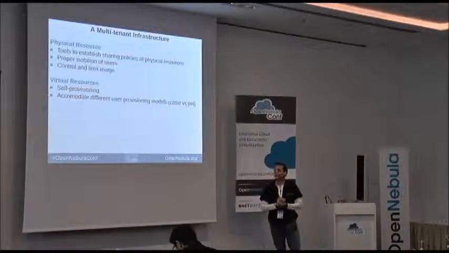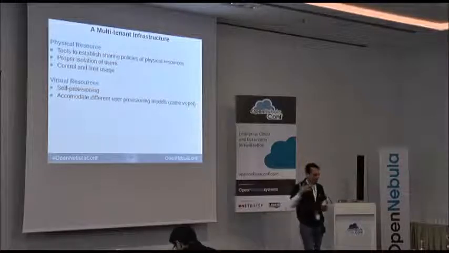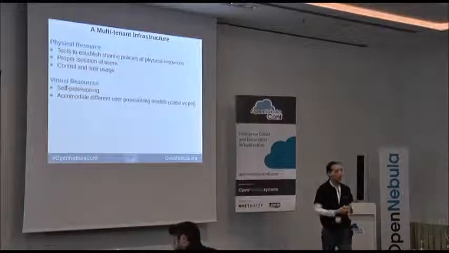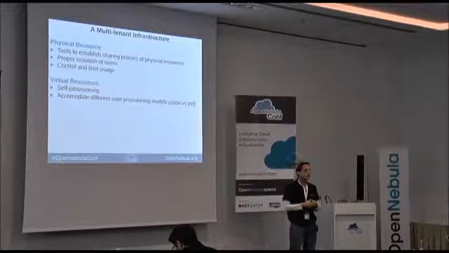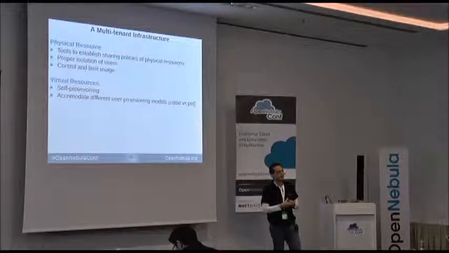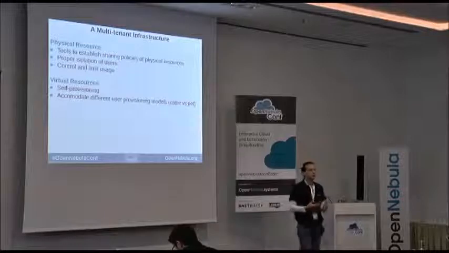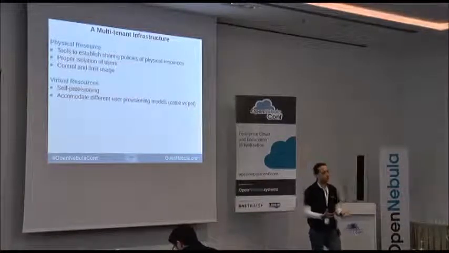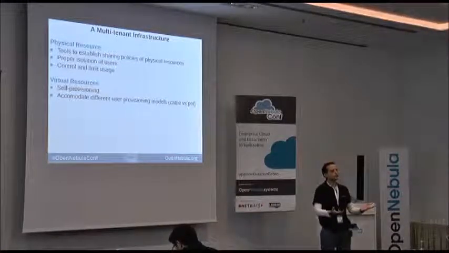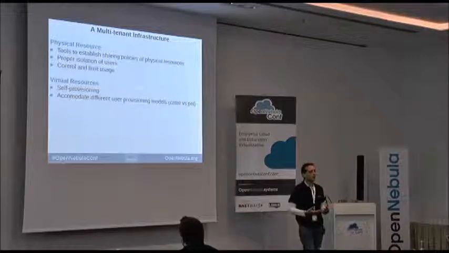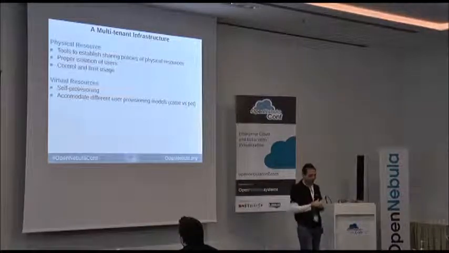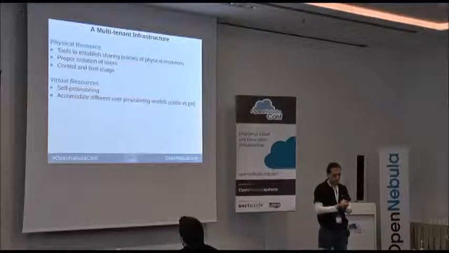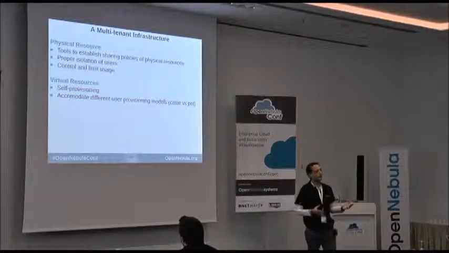But in terms of virtual resources, I'm talking now about the virtual machines, disk images, or virtual networks, you probably want to put in place proper self-provision mechanisms for your users. So you want to let your users use your cloud as autonomously as possible, right? In this sense, we also face very different requirements.